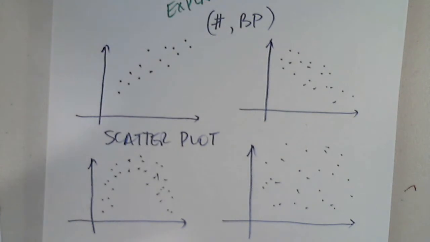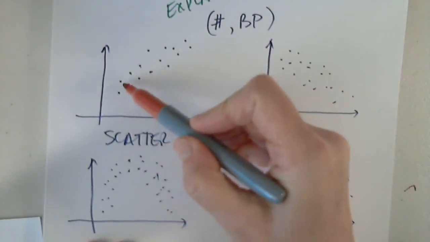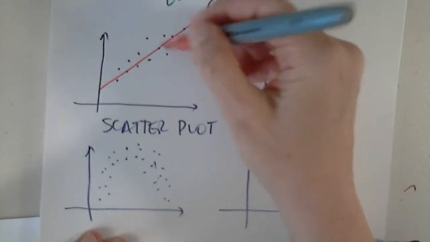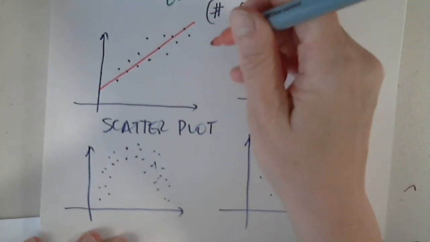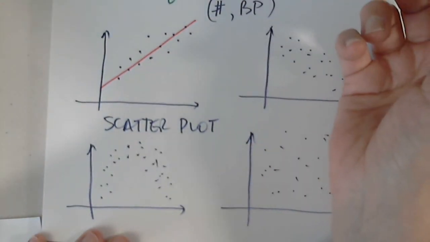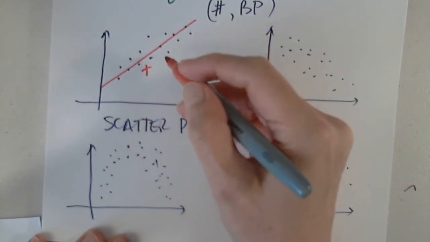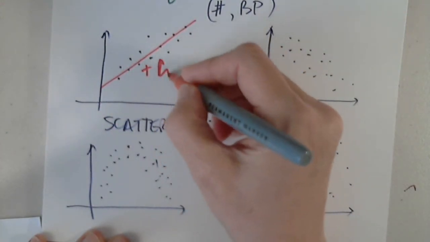So, what do we notice in the first one? That I could possibly draw a line through it. Of course, it's not going to go through all these points or the pairs. But I could say it's a positive relationship, linear.